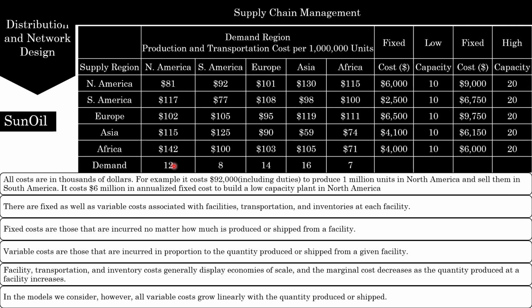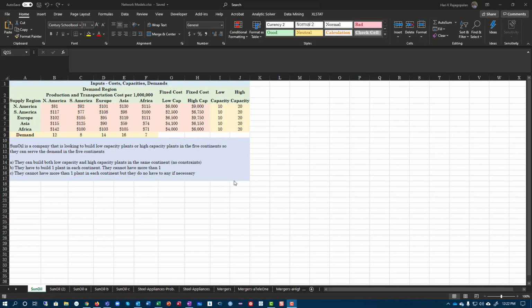So this is 12,000, in millions of units. This is 12 million, 8 million, 14 million, 16 million, 7 million. Here it's 10 million and 20 million. All right. So let's move to Excel to see how we are going to set up and solve this problem.